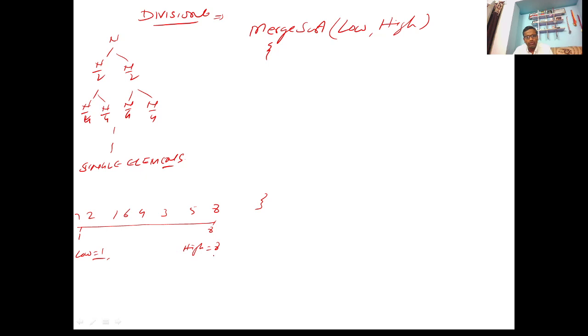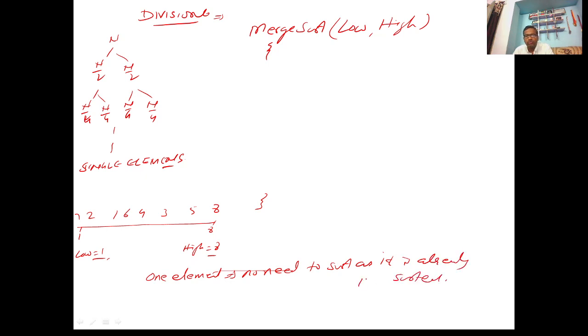So low is the lower bound of the array or the list, and high is the upper bound of the list. We need to pass these two arguments, and now we know that if any list has only one element, then there is no need to sort it, as it is already sorted.